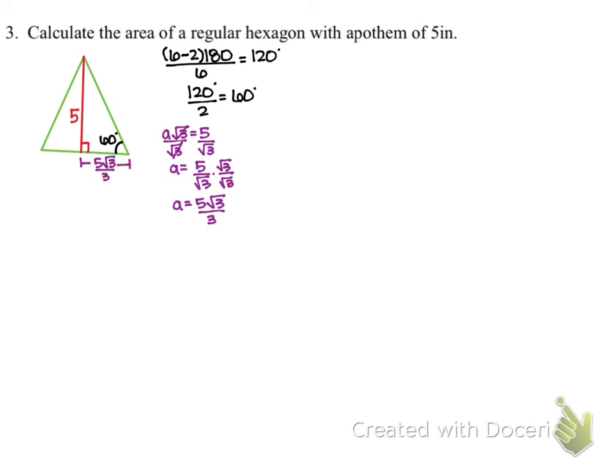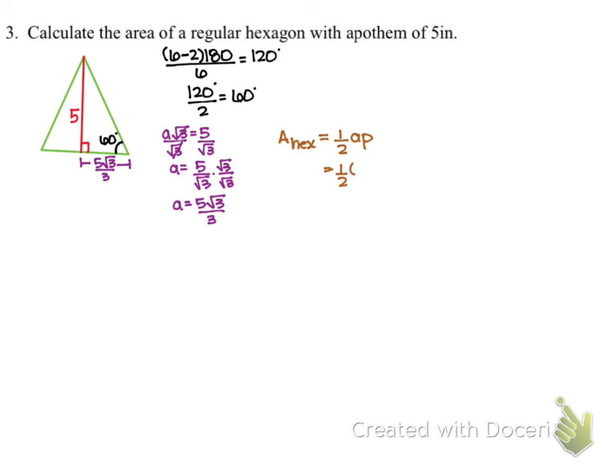Now I'm going to use my other way to find the area of this thing. I'm not even going to find the area of the triangle. Don't even have to do that. So the area of my hexagon is going to be half AP. Well, the apothem was given to me.